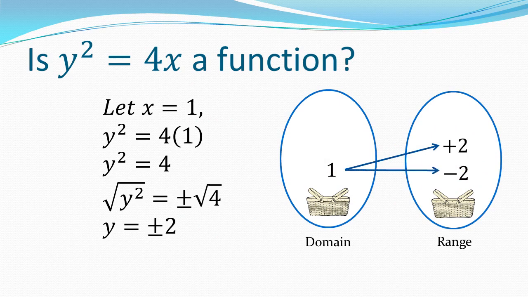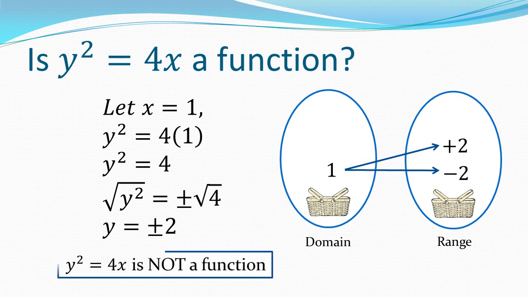As you can see, when you let x be equal to 1, it resulted in 2 and negative 2. So it is matched with not 1, but 2 members of the range. Therefore, y squared equals 4x is not a function, because at least one member was mapped to two members of the range. That's why this is not a function.